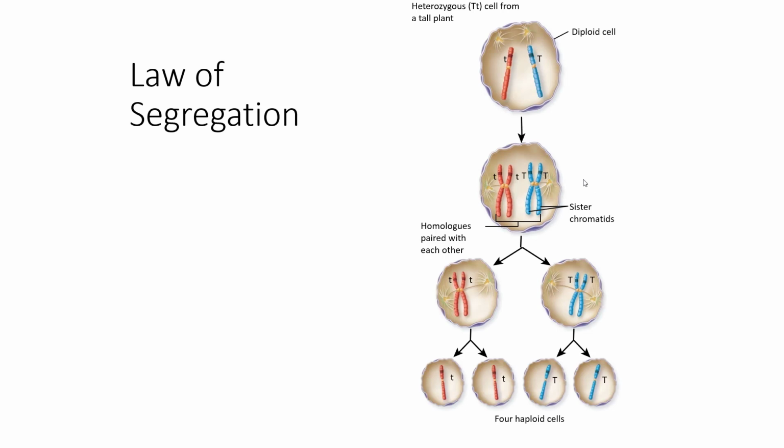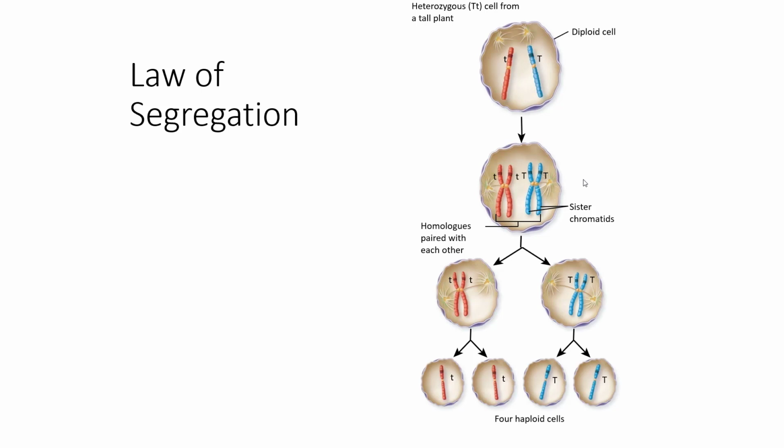Let's say you had that pea plant that was heterozygous for the tall or short dwarf alleles. You have a diploid cell to begin with, and it's going to have your sister chromatids on your homologues, and those homologues will pair with each other, and during metaphase 1, the homologues will separate. After telophase and cytokinesis, you now have two separate cells.